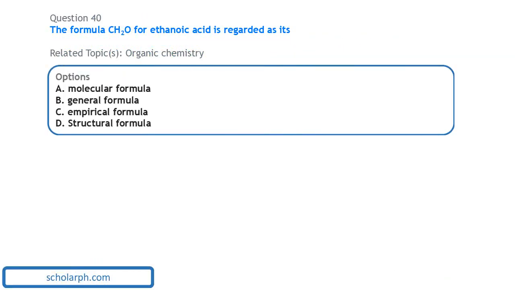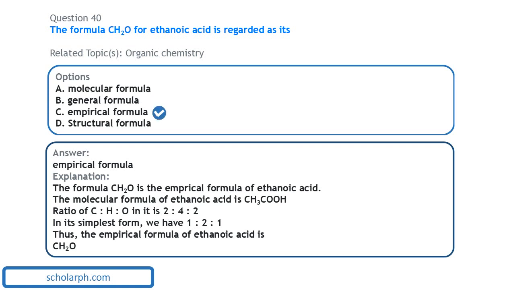Alright, the formula CH2O for ethanoic acid is regarded as its empirical formula. The empirical formula shows the lowest ratio in which the atoms in the compound are combined. Now the ethanoic acid, this is the actual chemical formula for it: CH3COOH.